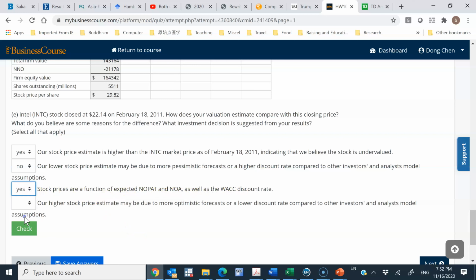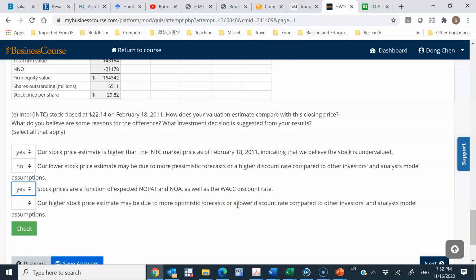So our high stock price estimate may be due to more optimistic forecasts or a lower discount rate compared to other investors and analyst model assumptions. This also is true because any estimate depends on assumptions.